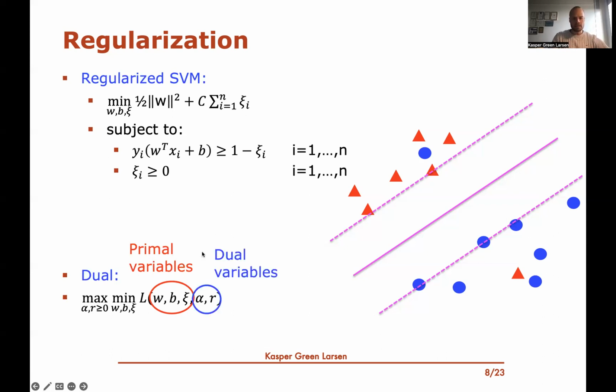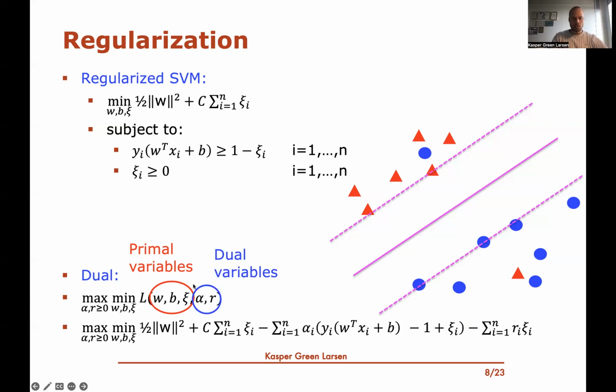And then we also have dual variables, one for each constraint in the optimization problem. So alpha will take care of the n constraints on the margins, and R will take care of these non-negativity constraints. Now we have to maximize first over the dual variables and minimize over the primal variables. This is the dual that we would get if we applied these convex optimization techniques that we saw before.